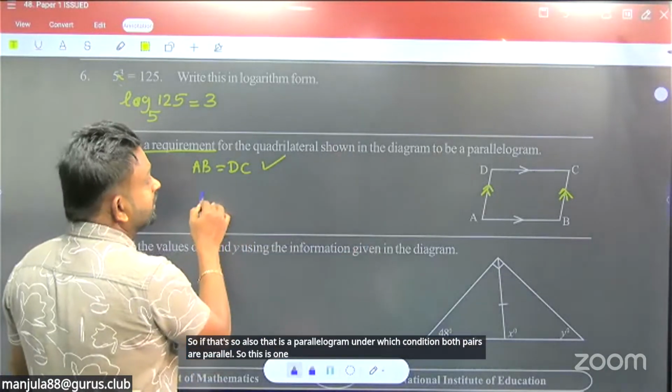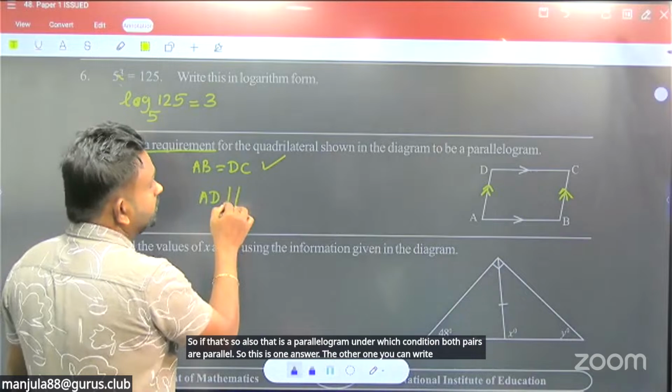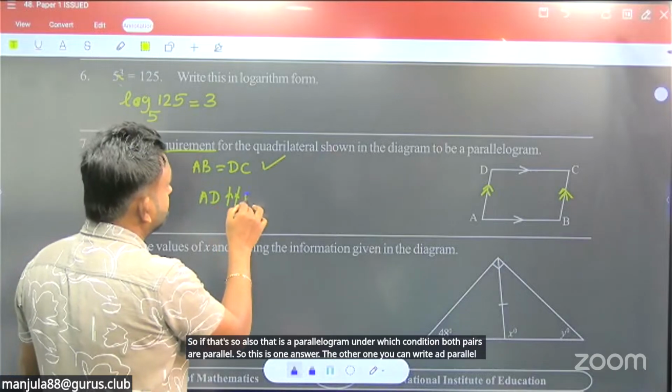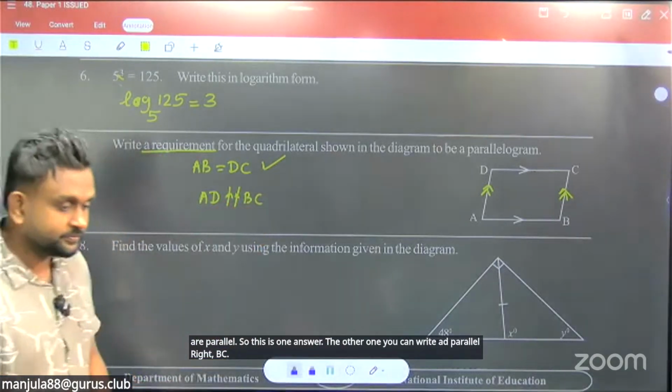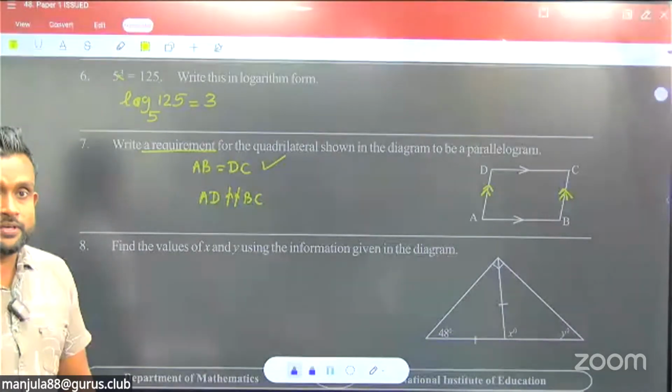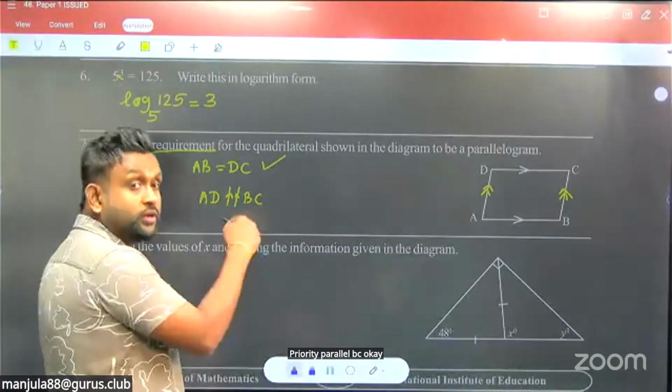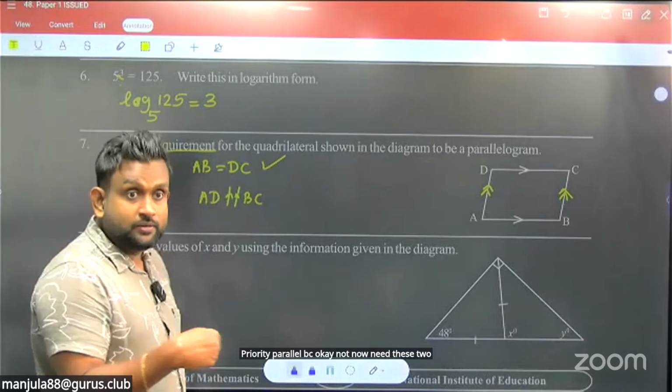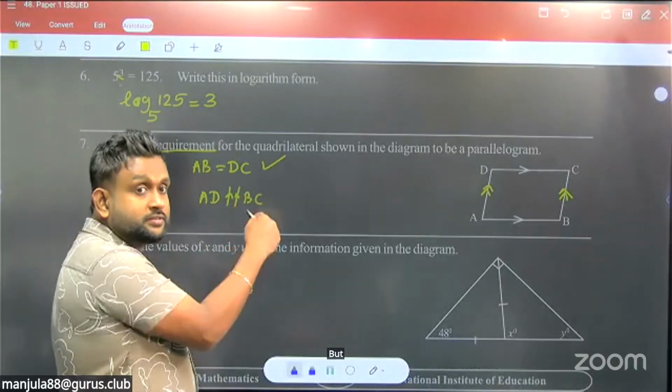The other one you can write AD parallel BC. Okay, you do not need these two requirements at the same time, but this is one answer, and this is the other answer.